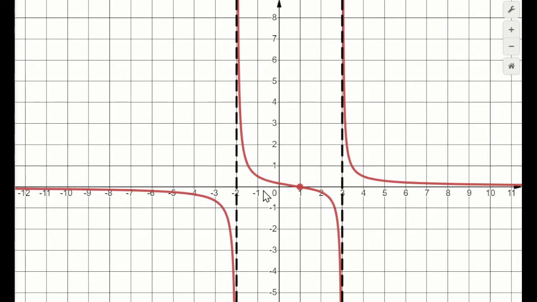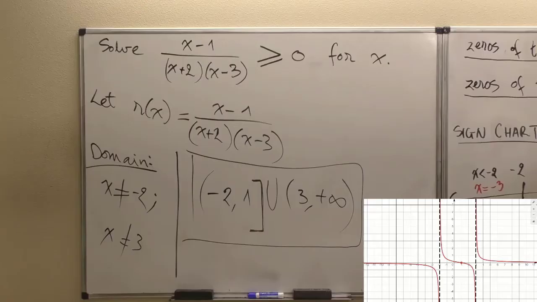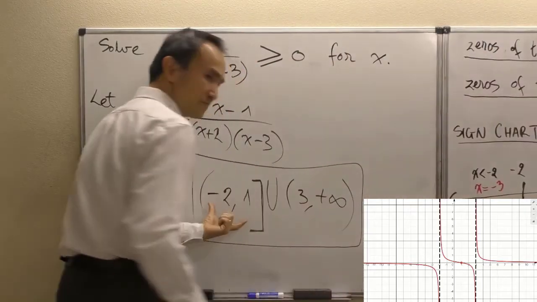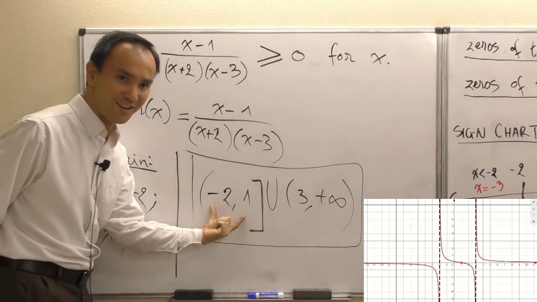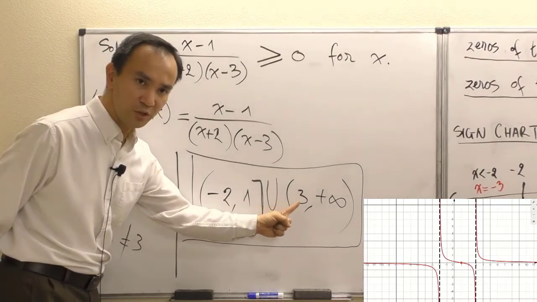So now see this interval anywhere between -2 up to 1. See this one right here, the graph crosses through the x-axis. So anywhere between -2 and up to 1, that's this interval right here. And then the other interval is between 3 and +infinity.